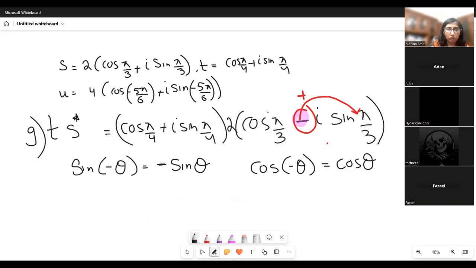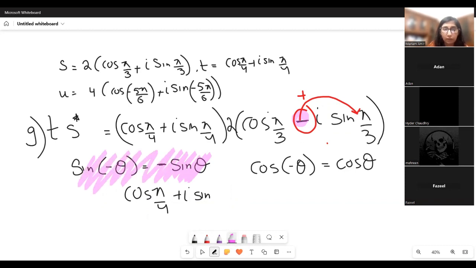Sorry, let me explain again why this minus goes inside. This property is being used: if it is sine minus theta, it's the same as minus sine theta. Check it on the calculator. Sine minus pi by 3 will give you the same answer as minus sine pi by 3. They both give the exact same answer.